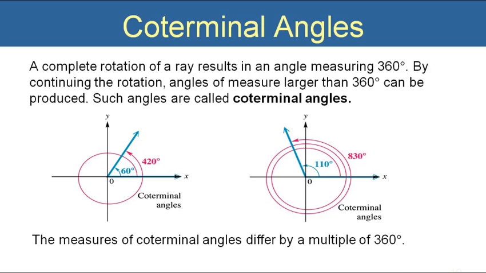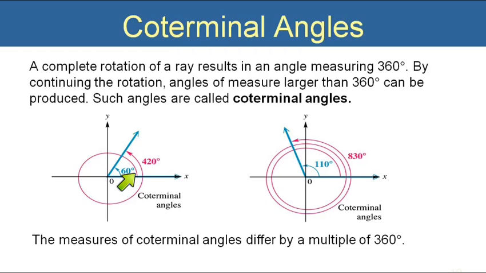Let's talk about coterminal angles. Two angles are coterminal if their terminal side is in the same position. For example, here you see the terminal side of this 60-degree angle, but that it shares a terminal side with this 420-degree angle.